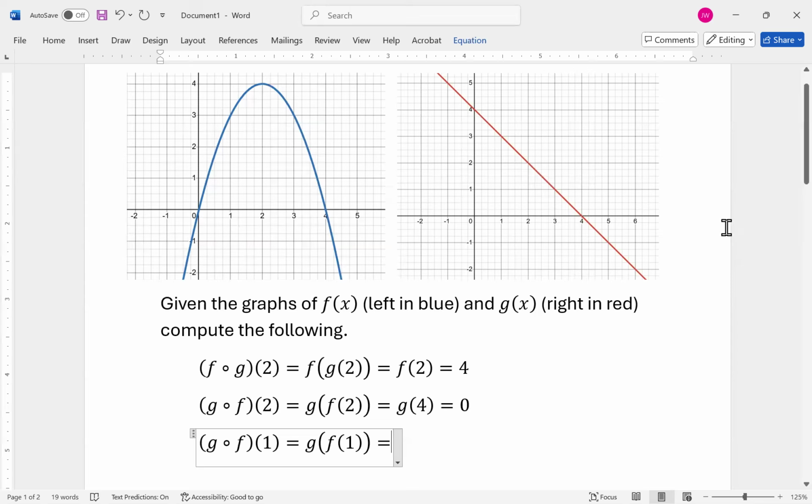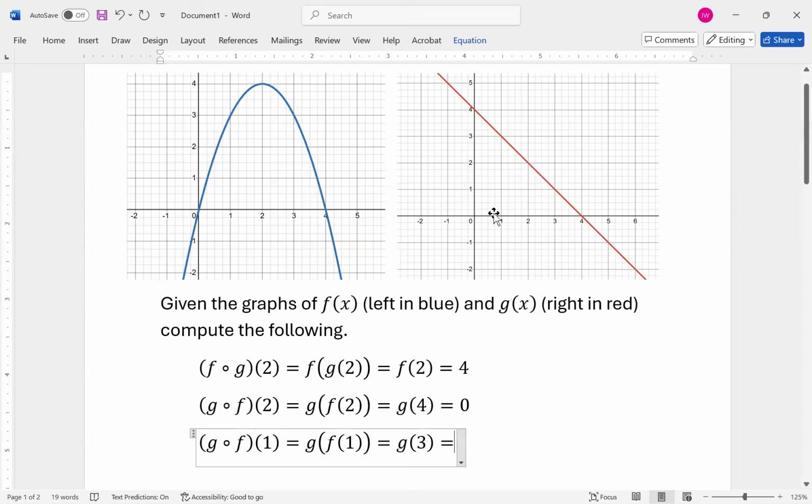Lastly, we take g of f of 1. Again, f is the graph on the left. We can see that when you plug in a 1, you should get a 3 because the graph goes through the point 1, 3. That means g of f of 1 is the same thing as g of 3.